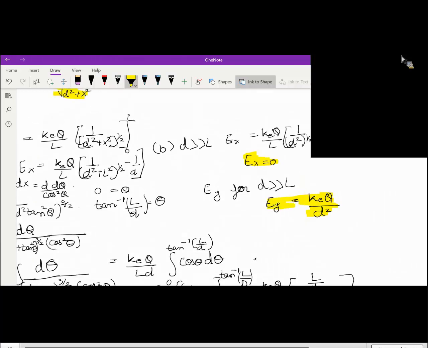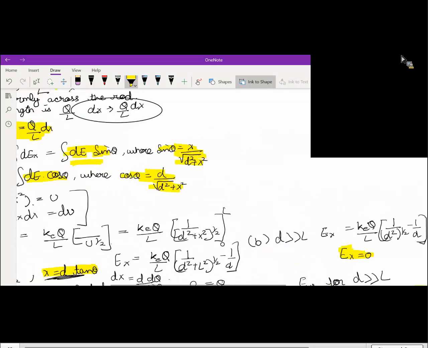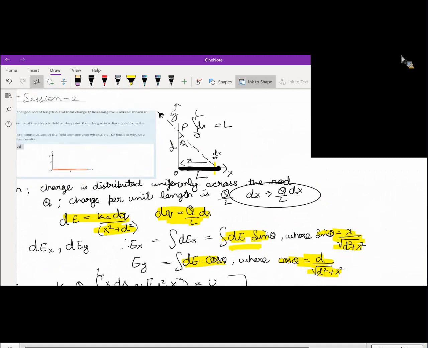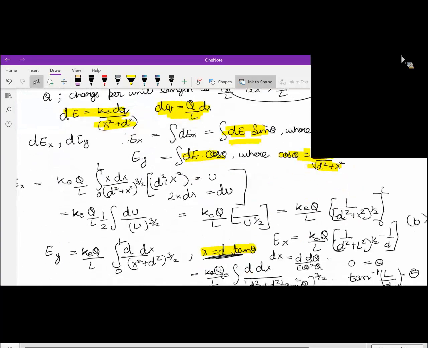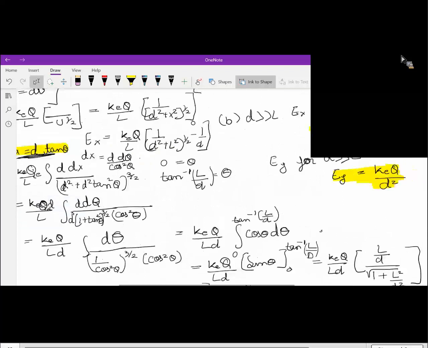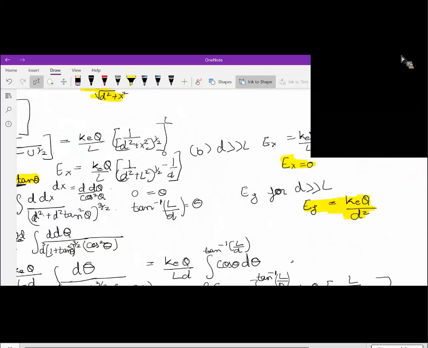If the point P is at infinity, that is, d is very much greater than L, then what you effectively see from P is a point charge, not a length L. And if you see a point charge on the same axis as point P, then you have Ex component 0 and you have Ey for the point charge, that is keq by r square. That is Coulomb's law. I hope it makes sense.